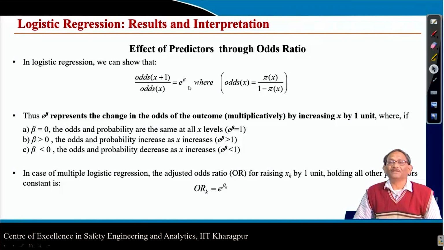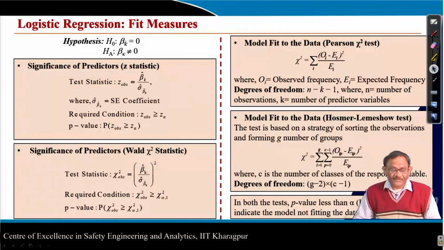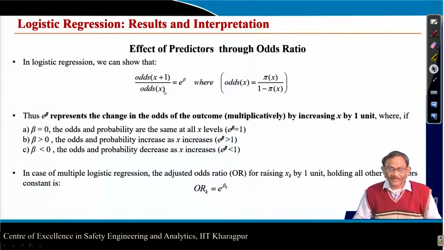So, e to the power beta, the beta you computed, these betas are basically talking about the odds ratio. That means if I change one predictor variable's value by 1 unit, what is the change in the odds of the classification variable, or the target variable, or the response variable.